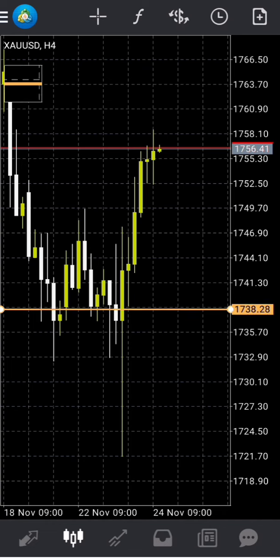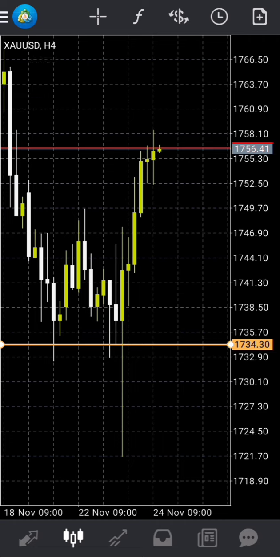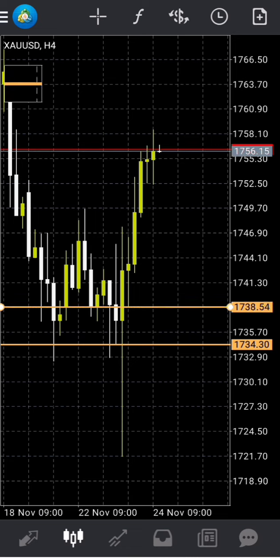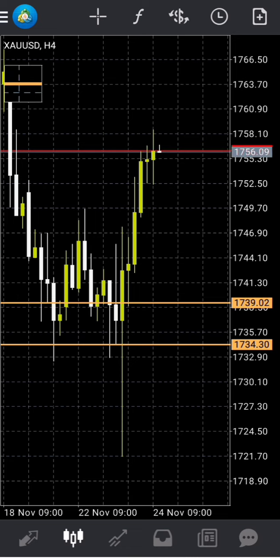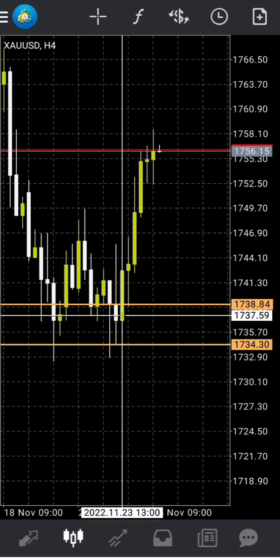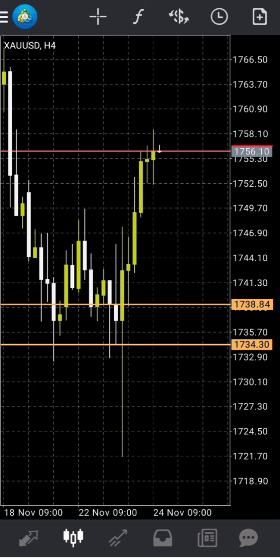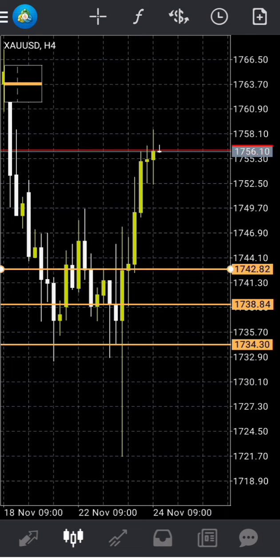So first of all, we can draw a buy zone here. This is a yellow candle which is the white candle. So we can draw a zone here. Okay, this is a yellow candle and eat the white candle. And then we draw another zone. You can draw a zone here.